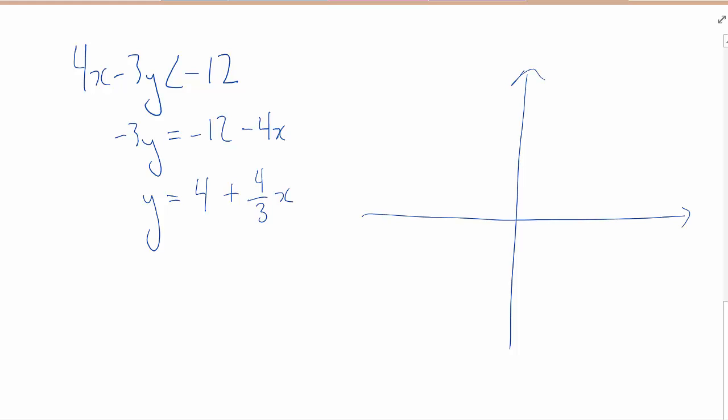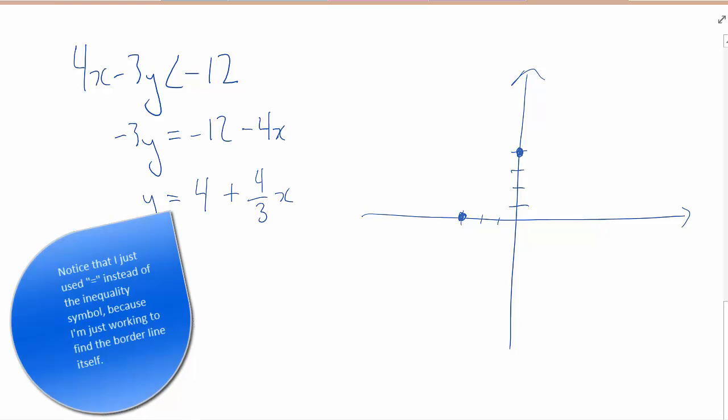Now, I've written this in a bit of a reverse order here, but don't be fooled. The b value is still 4 for the y-intercept. 1, 2, 3, 4. And the slope here is 4 over 3, which means it's going up 4 for every 3 to the right. Or I could also go down 4 for every 1, 2, 3 to the left.